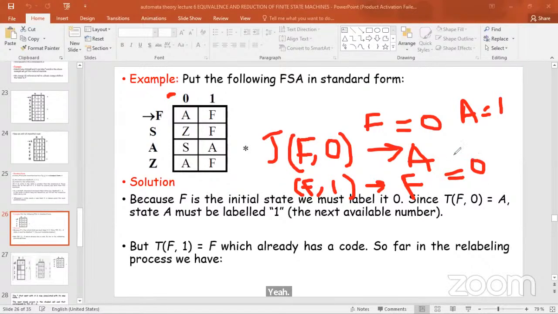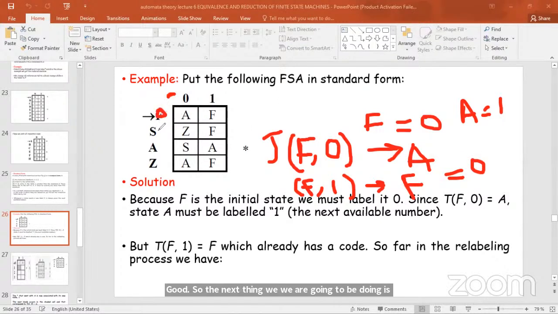Good. So the next thing we are going to be doing, after finishing with the initial state, is to go to the next state that appears, not necessarily the next row. The first thing you got across was F, right?